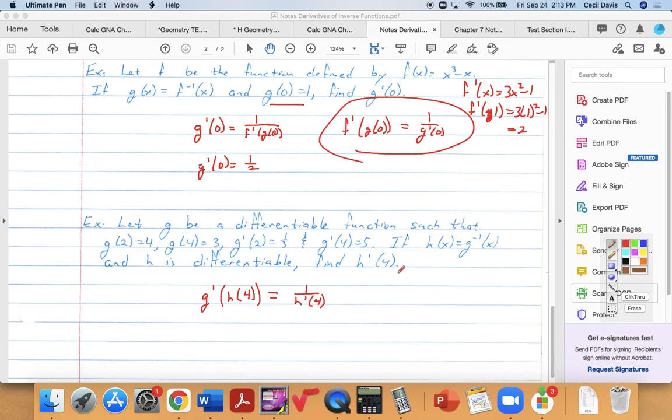And you may be going, well, how am I supposed to figure out what h of 4 is? They don't tell me any of the h values. Well, remember that if g of something is equal to 4, then h of 4 is that something. So it's not this one that we need, it is this one that we need. If g of 2 equals 4, by the definition of inverses, then h of 4 is equal to 2.